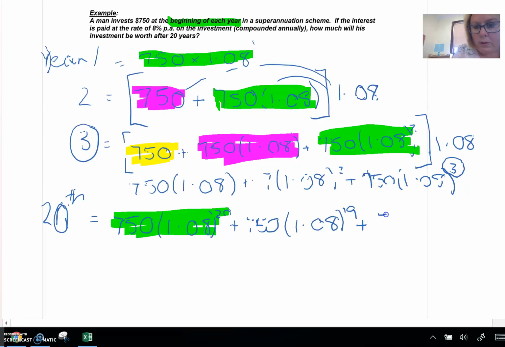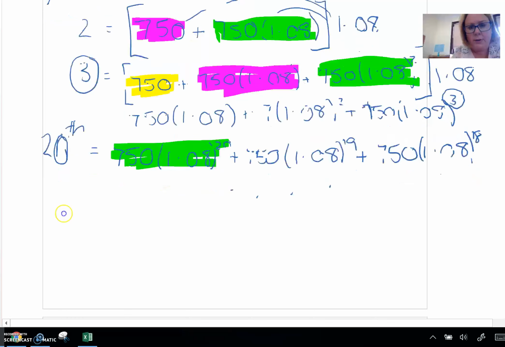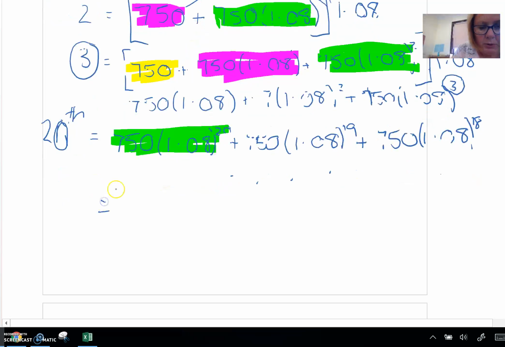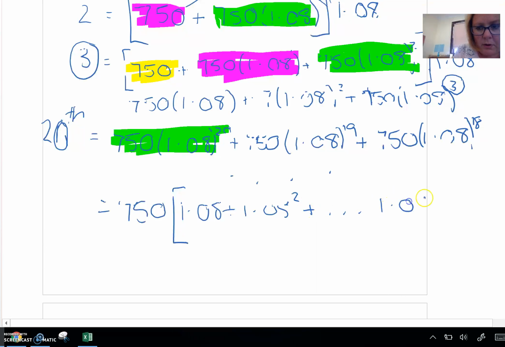And the third year's money has been in there for 18 years. Are you seeing a pattern? So the 20th year, which is at the end, that's what I'm after, is 750. And I'm going to have 1.08 plus 1.08 squared plus all the way up to 1.08 to the 20.